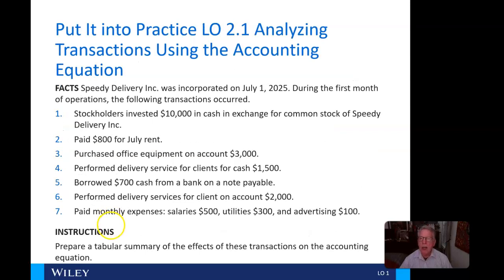Okay, let's take a look at an example here. Speedy Delivery, incorporated on July 1, 2025. During the first month of its operations, important because our statement of retained earnings will start with 0 as beginning retained earnings, they invest $10,000 in cash for common stock, pay some rent, purchase some office equipment for $3,000, purchase delivery, etc., etc. And they want you to prepare a summary of these on the accounting equation.